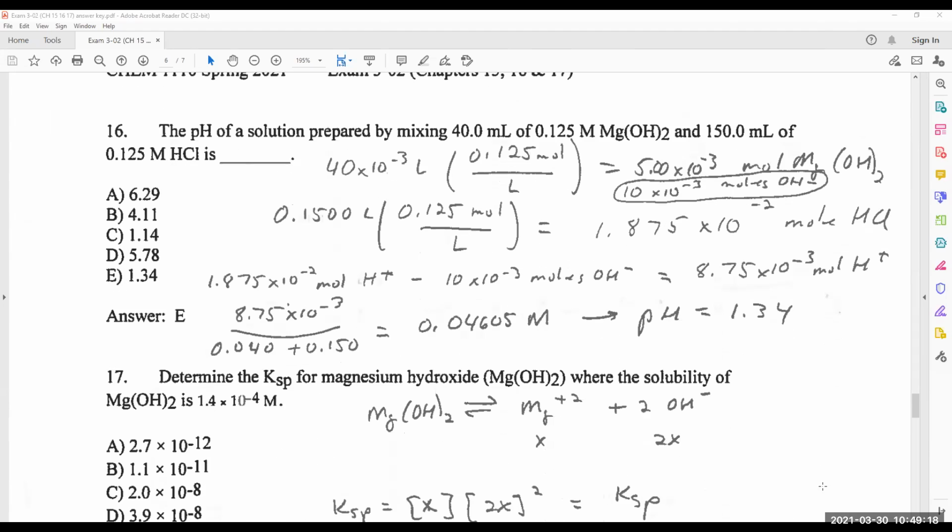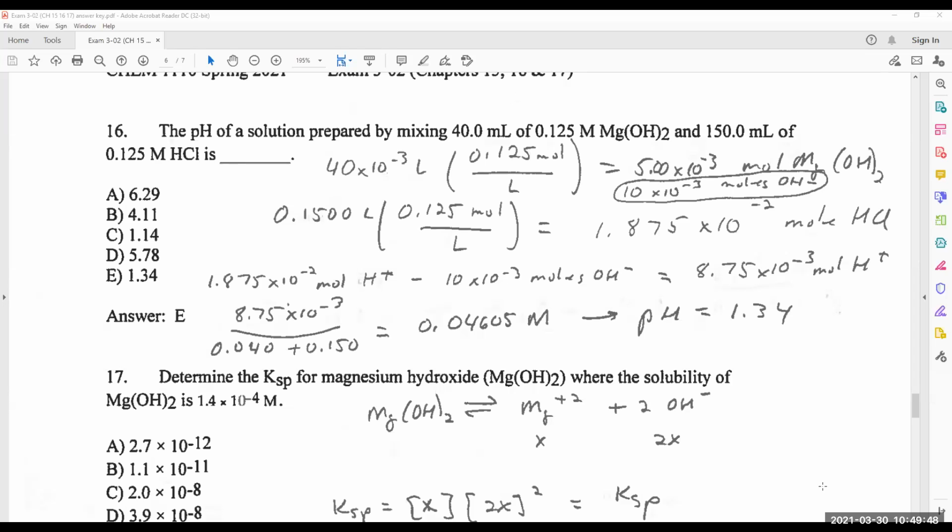Number 16, the pH of a solution prepared by mixing 40 mLs of 0.125 molar magnesium hydroxide and 150 mLs of 0.125 molar HCl. Well, whenever we have a problem like this, one thing we want to do is get everything into moles. So we have a volume of our magnesium hydroxide and we have a volume of our HCl.